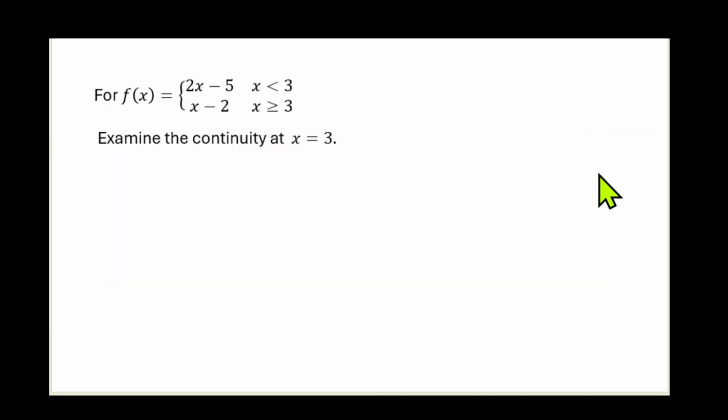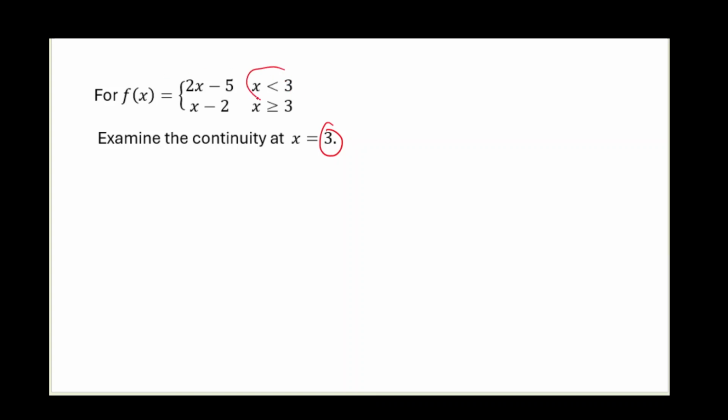So here I have a piecewise function. There are 2 linear rules, and those rules split at x equals 3. And I want to examine the continuity at x equals 3. If it was any other value that I asked other than 3, then my answer would be that it's continuous.